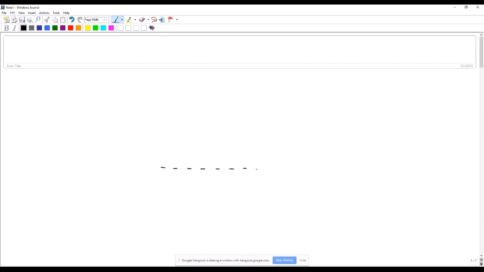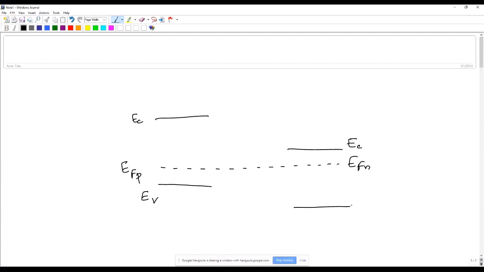This is my Fermi level, and they are now aligned. This is my P side, so I'm going to mark my EV and EC. This is my N side, so I'm going to mark my EC and EV.